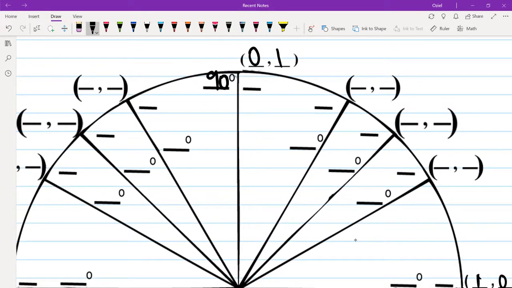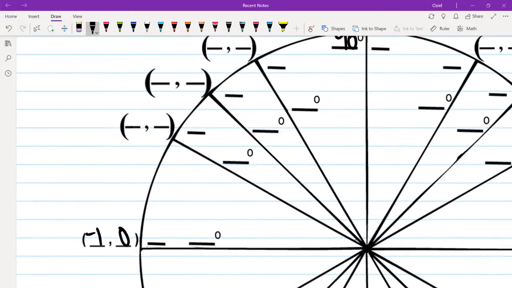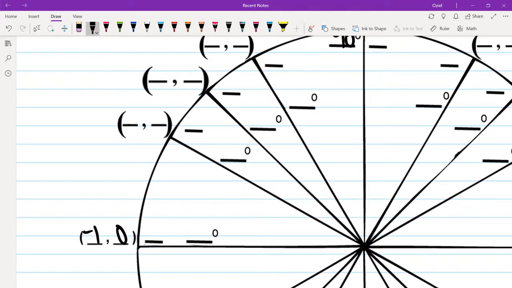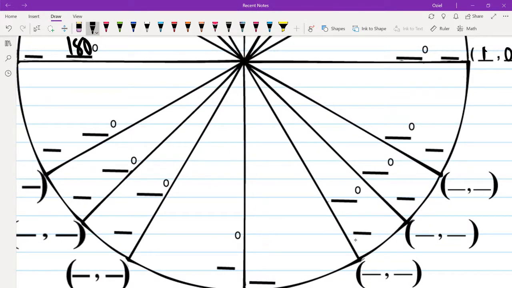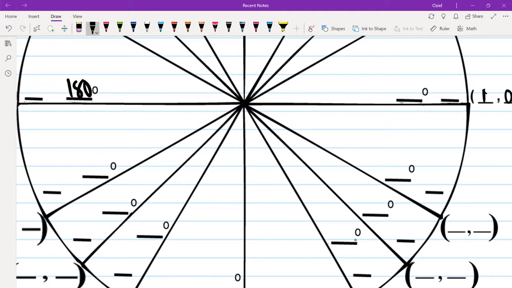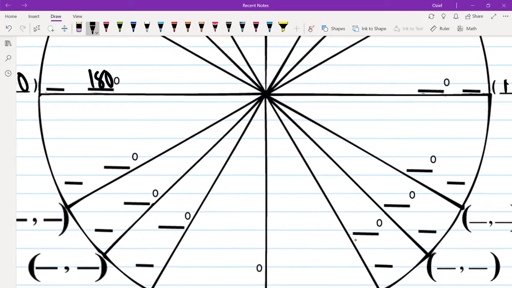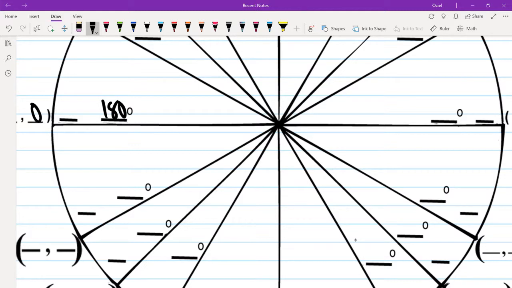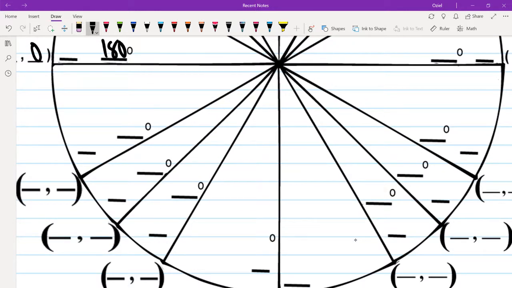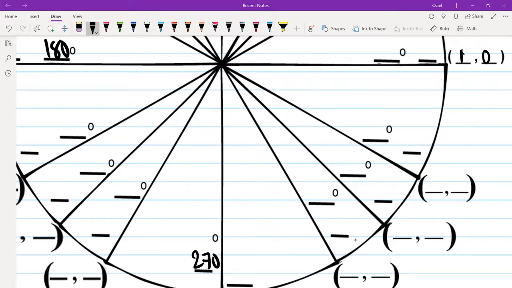Right here we start with 90, and then we go on to 180, and then over here, I think, is 270 degrees, because there's no one right here.